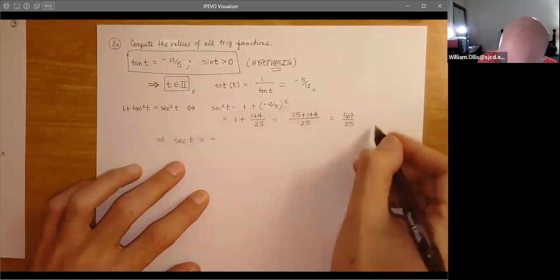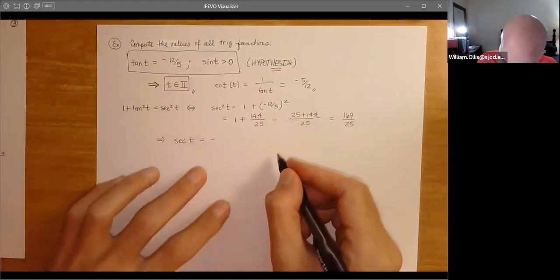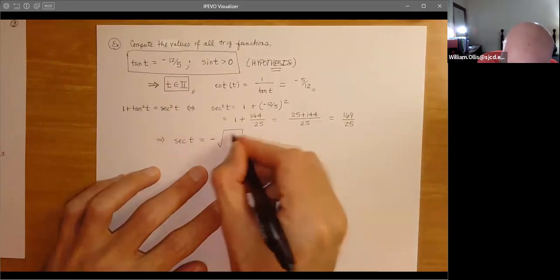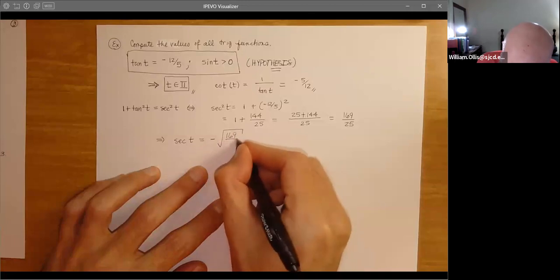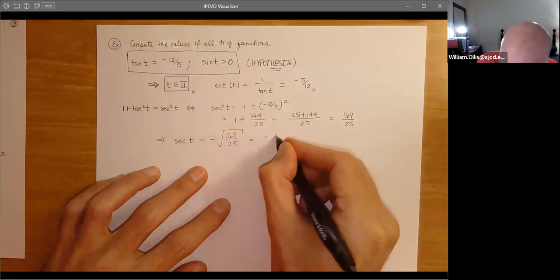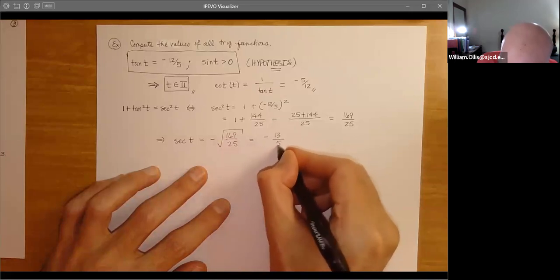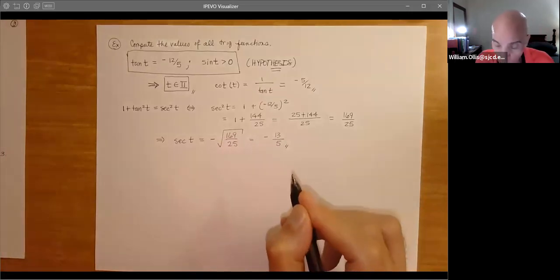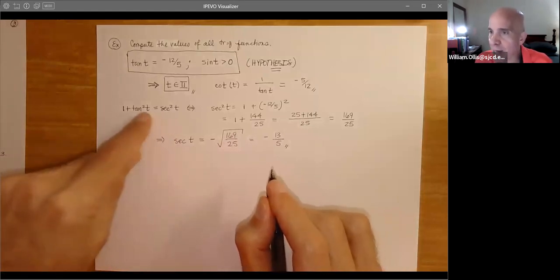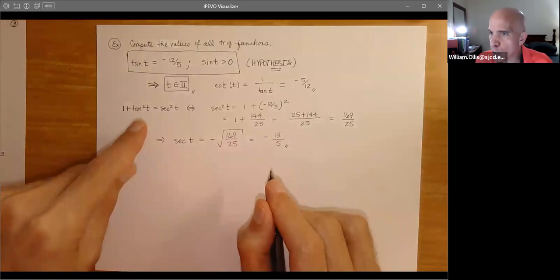You can do plus or minus, but now we can just skip that step. Plus or minus, so now we have the minus square root of 169 over 25, which will be -13 over 5. So we can move the problem forward, and this is where you see these Pythagorean identities are very useful.